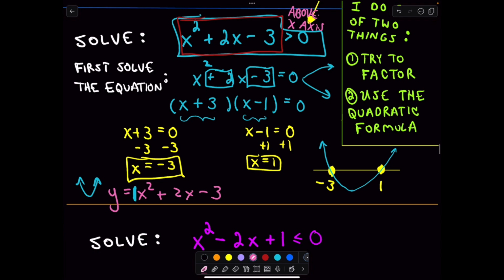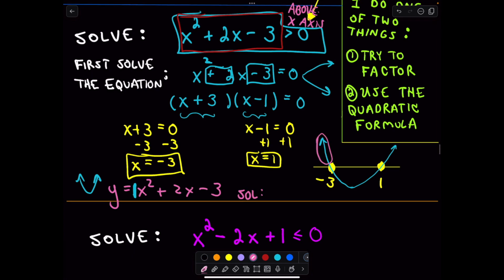From this, I could now get my solution. It would be above the x-axis here, which would be this interval of numbers. We don't include negative 3. So that would be from negative infinity up to negative 3. And then I would jump and go to 1, but not include it, and then go forever and ever.